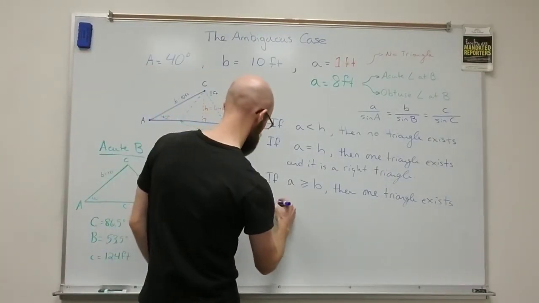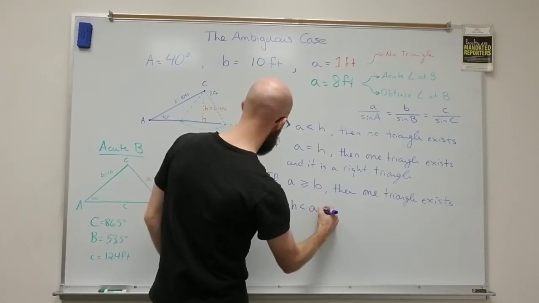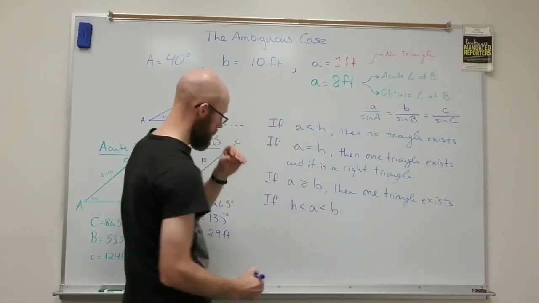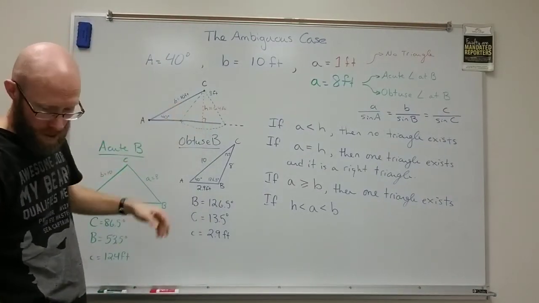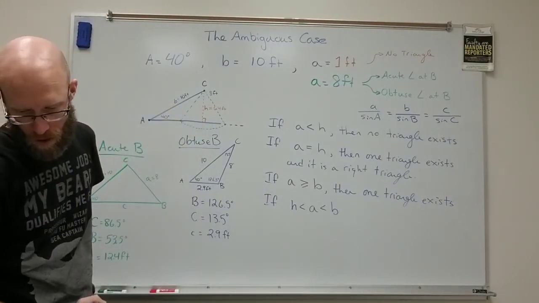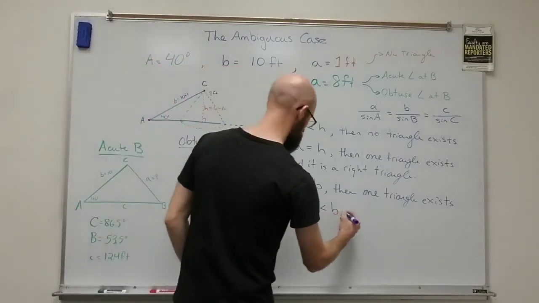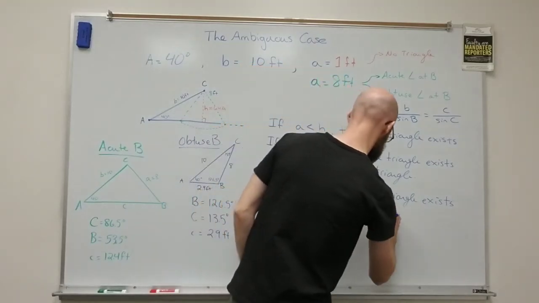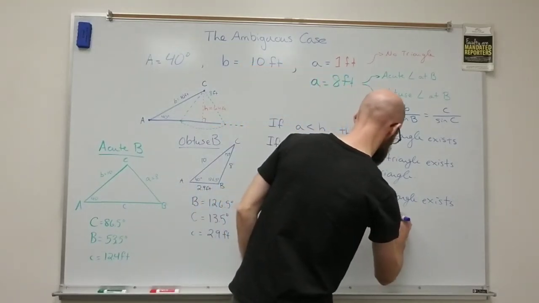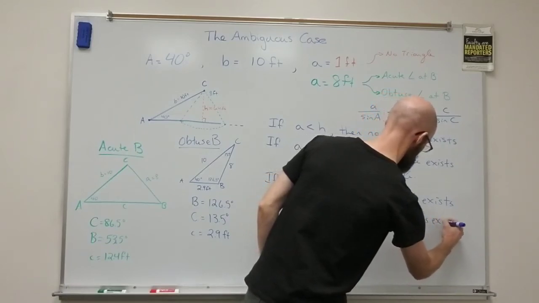So if H is less than A, which is less than B, so A is in between H and B, H less than A less than B, then two triangles exist.